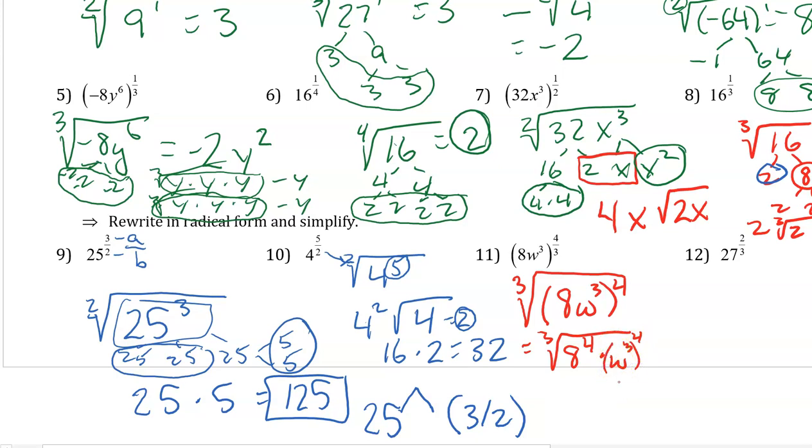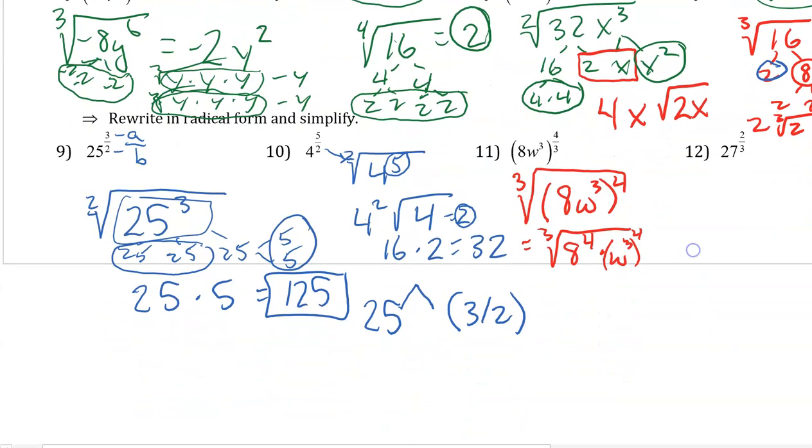Rules for exponents. A power of a power. We multiply the two exponents together. We could also do it with the 8, because we actually should know by now that 8 is really 2 cubed. So this could be rewritten as 2 to the 12th times w to the 12th. Oops, 12th.